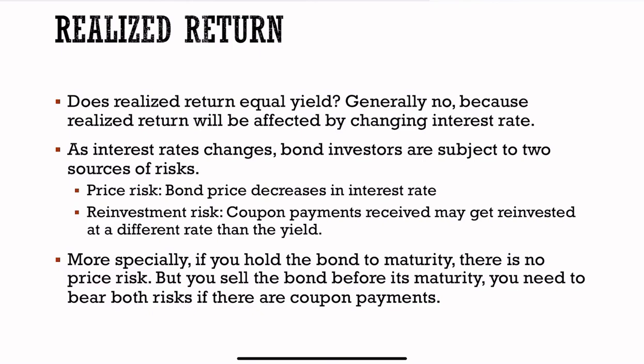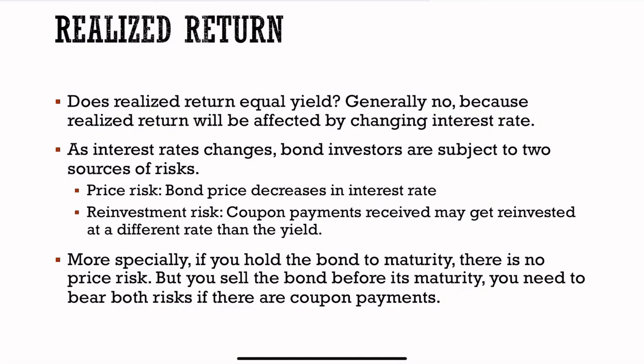Right? And we can think about how these two risks will be related to your investment horizon. Let's say if you hold your bond until maturity, then you can imagine that because you're doing this, there is no price risk. You will only suffer from reinvestment risk.